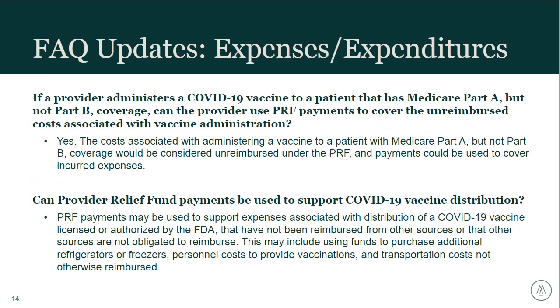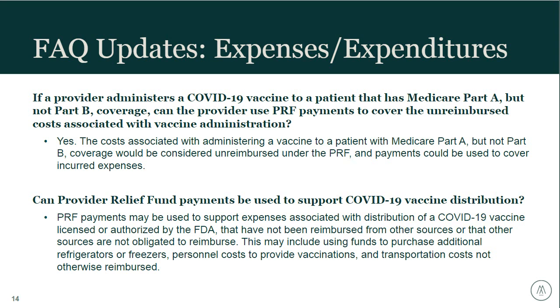All right, so now thinking about administering the vaccine. This is a very specific scenario that was posed related to Medicare Part A versus Part B, and what we can apply towards PRF. Costs associated with administering the vaccine and standing up vaccine clinics are allowable expenses.